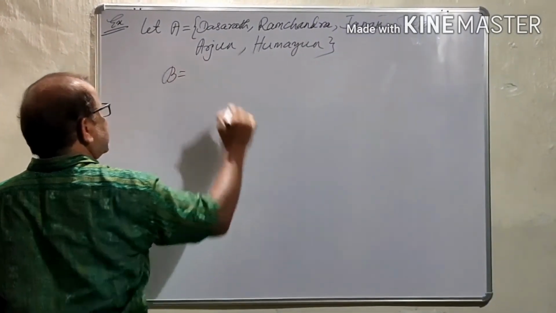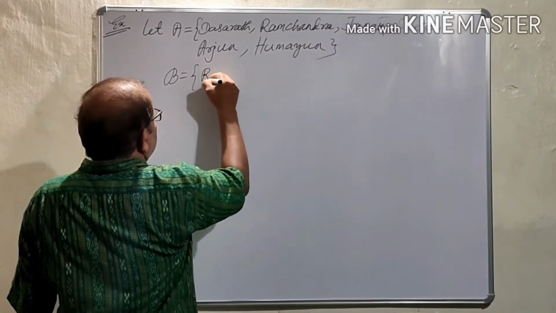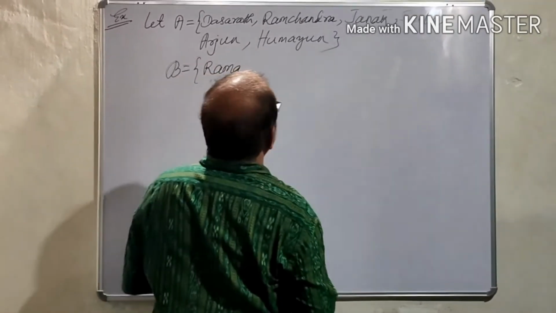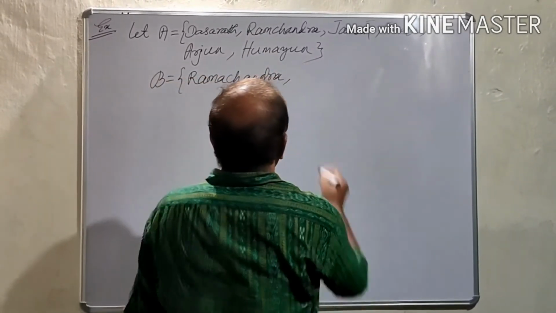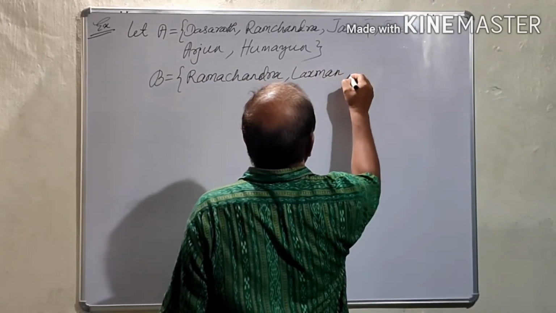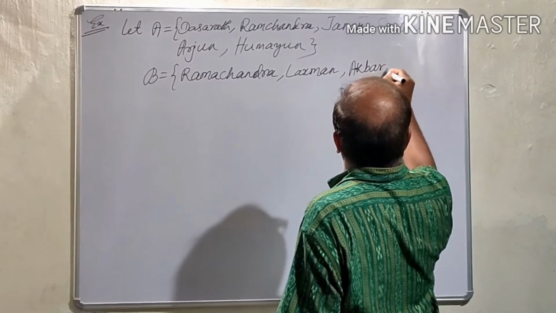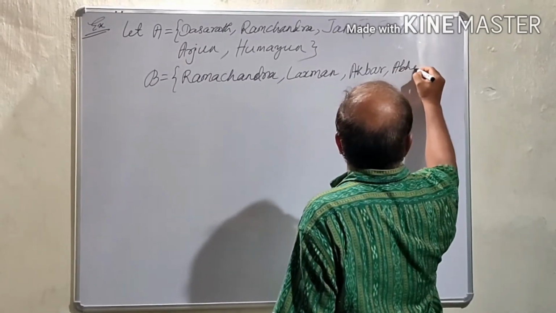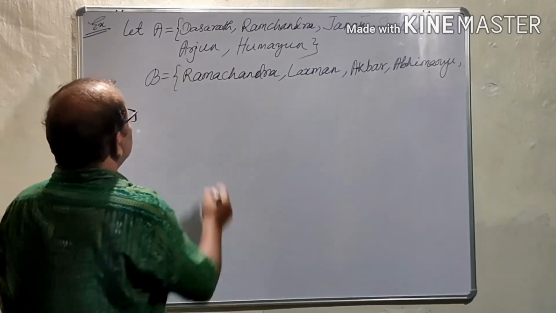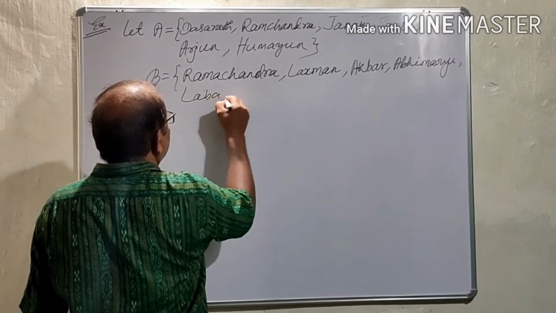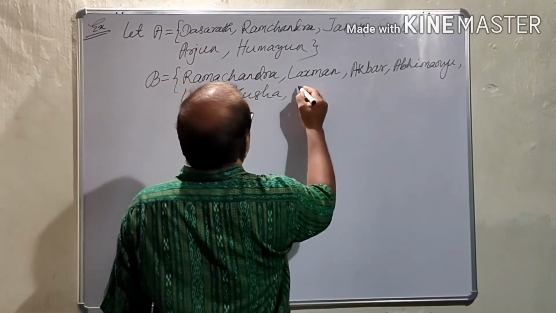Let us take another set B: Ramachandra, Lakshman, Akbar, Abhimanyu, Lava, Kusha, Bharat.